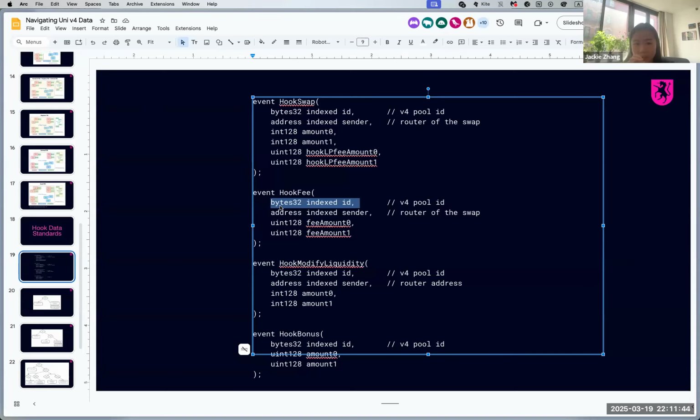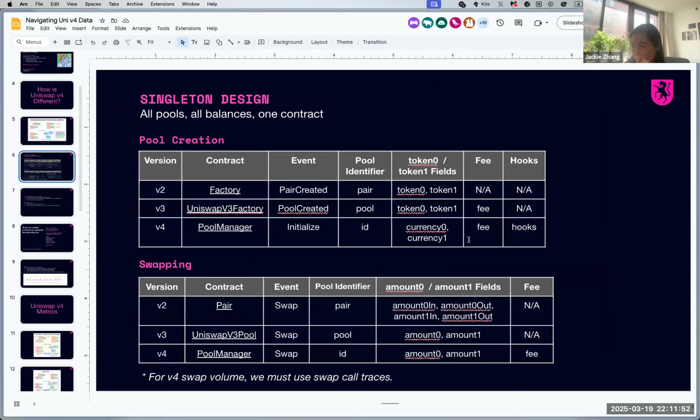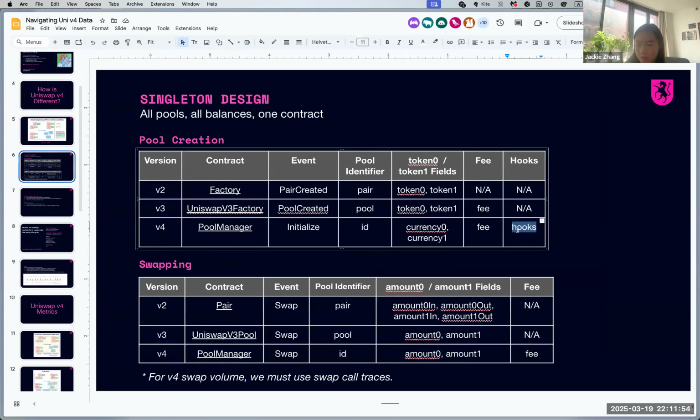The hook is the extra step that I was talking about earlier, because the hook information is being emitted within the pool initialized stage. So whenever a pool gets initialized, the event will also emit a hook.